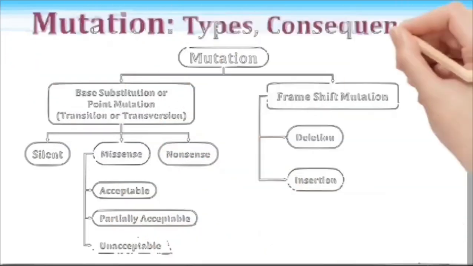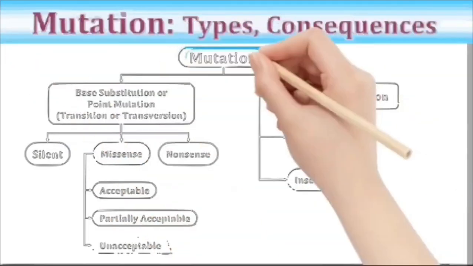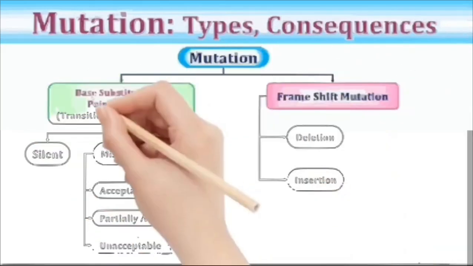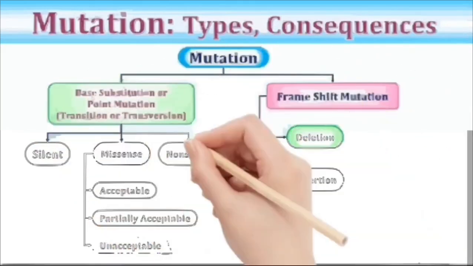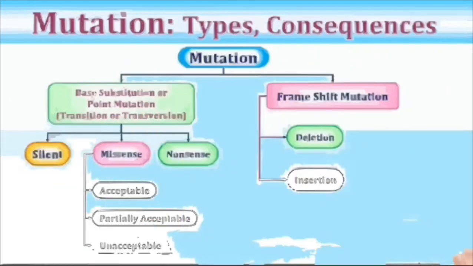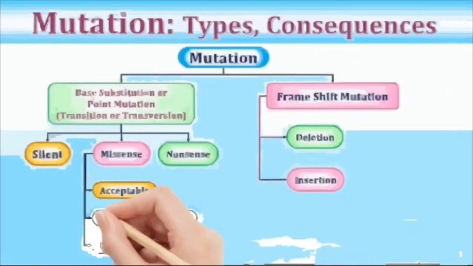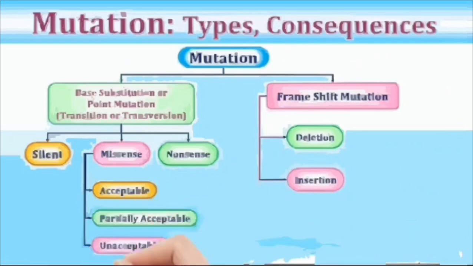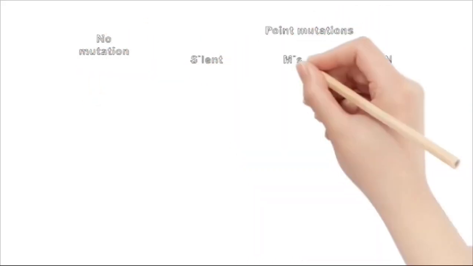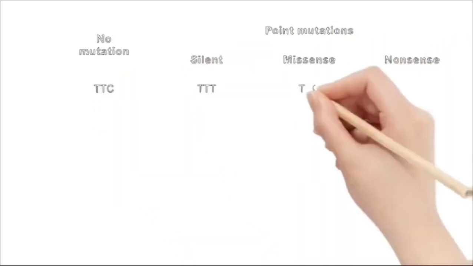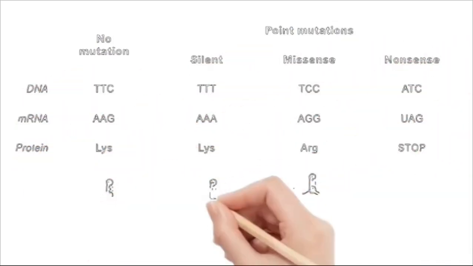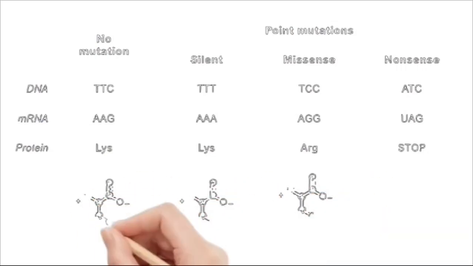Insertion and deletion mutation: extra bases are added, insertion, or removed, deletion, leading to a frameshift mutation, which can disrupt the entire gene's coding sequence. Example: cystic fibrosis often results from a deletion of 3 bases. Point mutation: a single nucleotide change in the DNA sequence. Example: it can alter protein function or stop production altogether.